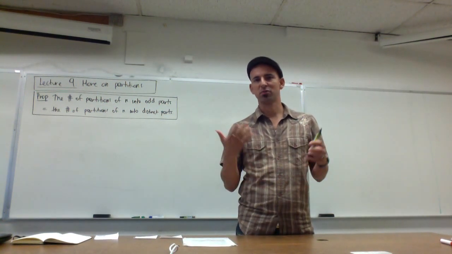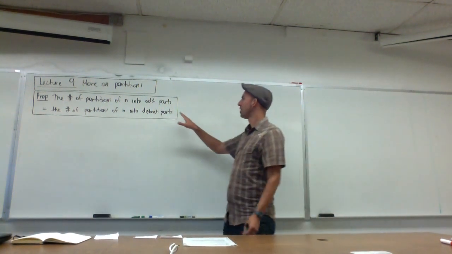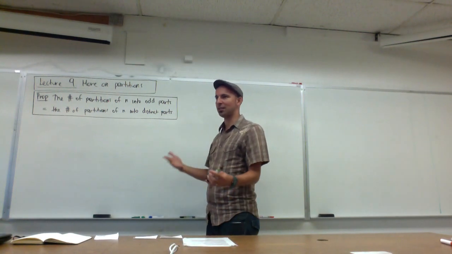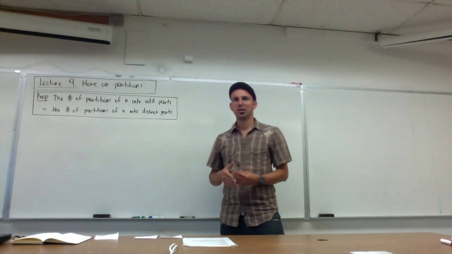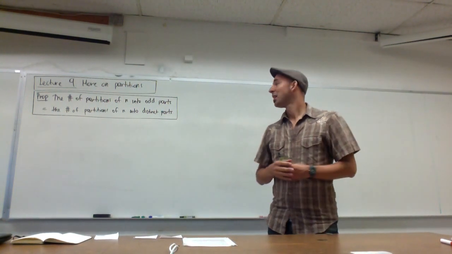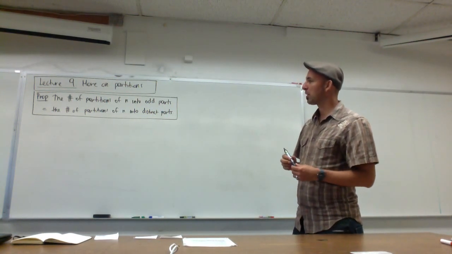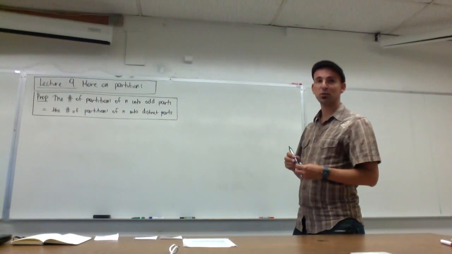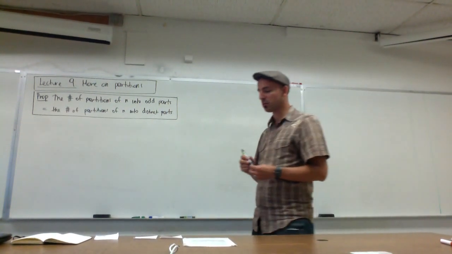And Krista asked me, why base 2? Why not use another base? And we talked a little bit about how the fact that we were talking about odd parts made the base 2 important, and I don't know, the proof works out for base 2 and for odd parts, but I actually wanted to show you a similar result where it's not the number 2 but the number 5 that plays a very important role.